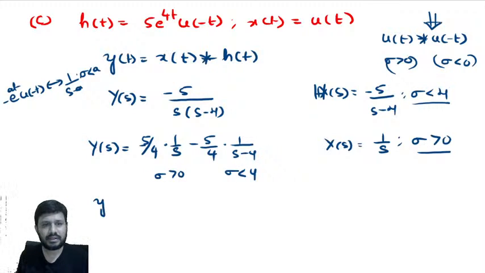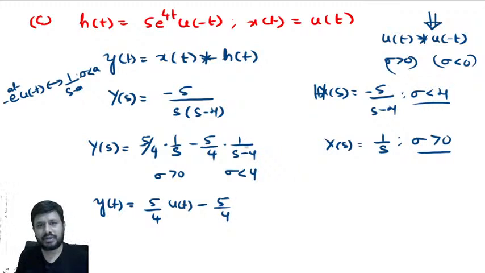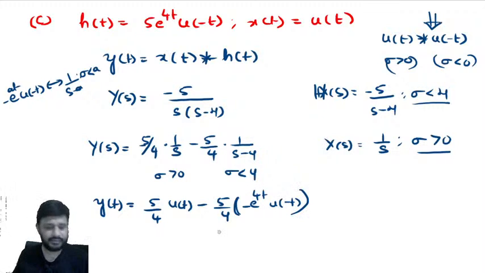Write the inverse. 5 by 4. What is the inverse of 1 by s for sigma greater than 0? U of t. Minus 5 by 4. What is the inverse of 1 by s minus 4 for sigma less than 4? Inverse of 1 by s minus 4 for sigma less than 4 means minus e power 4t u of minus t.